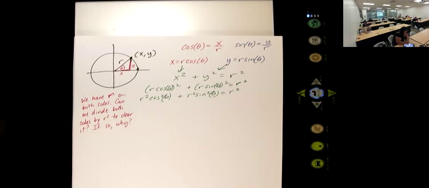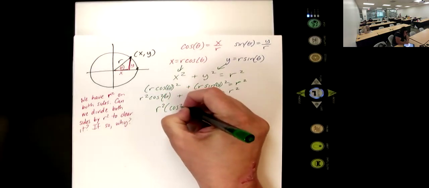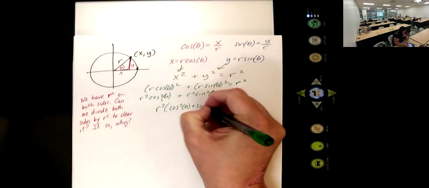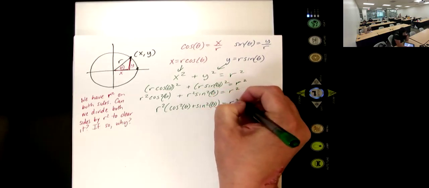Take a shot, Davis. R squared out. R squared. Cosine sine. But is that a legal operation?